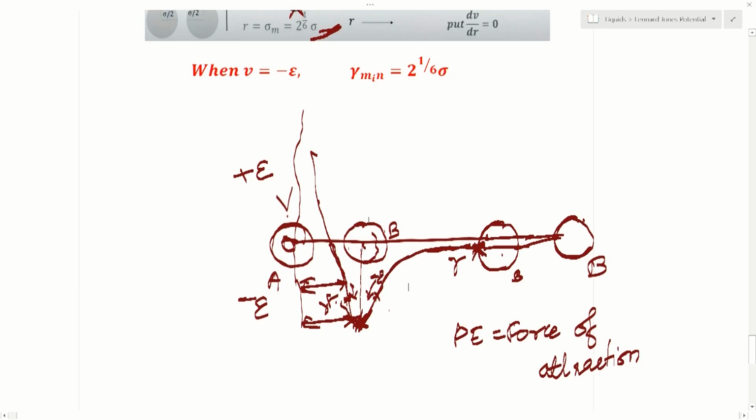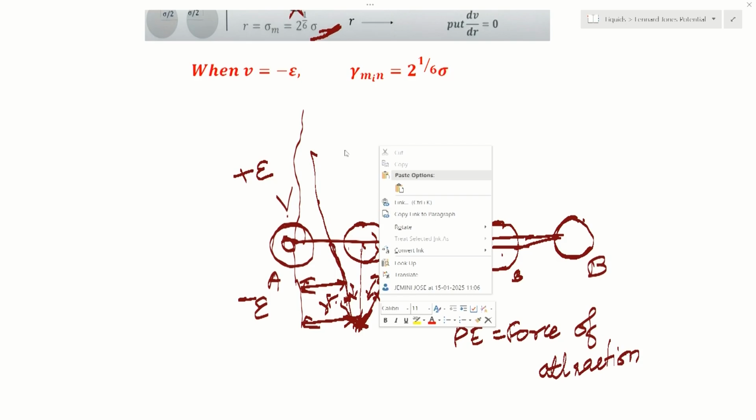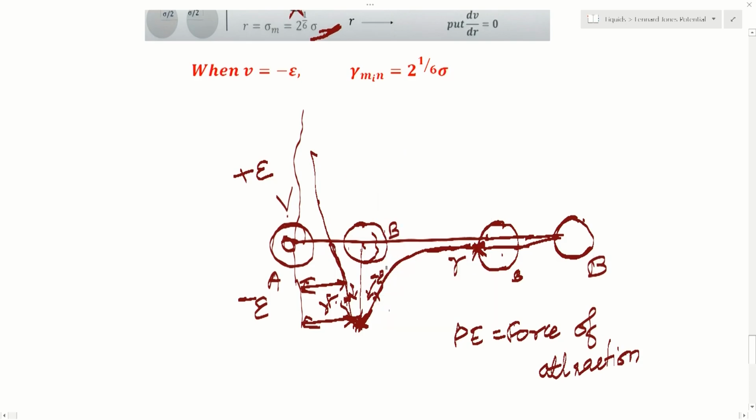If the molecule falls into the well from either side, the potential energy will be due to the force of attraction. Normally the molecule falls into the well only.